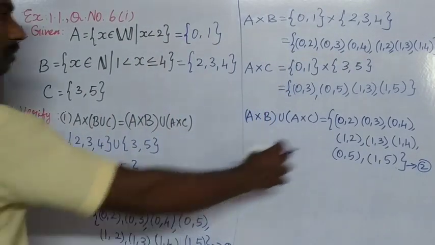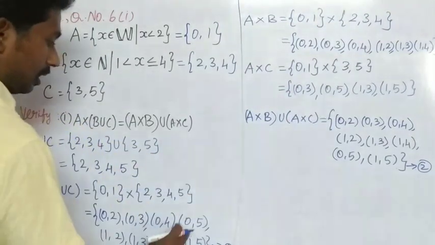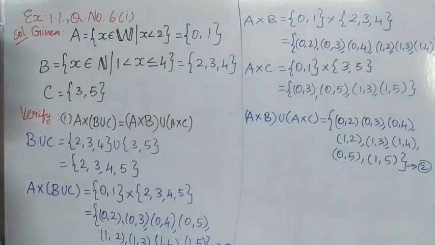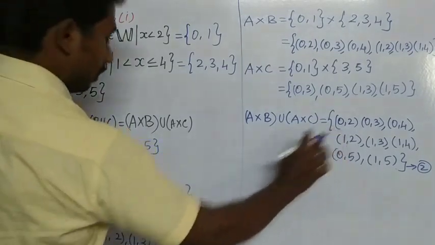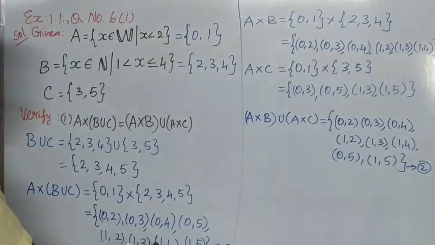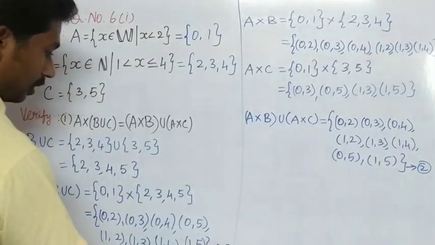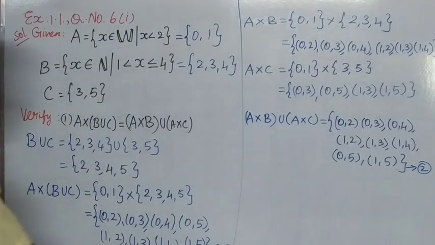So 0, 2 is in both. 0, 3 is there. 0, 4 is in this one and in that one. 0, 5 is there. So no problem. The order can change, no problem. Then 1, 2 is right there. Then 1, 3 is also there. 1, 4 is also there. Then 1, 5 is also there. So all the elements in this are on that side too.